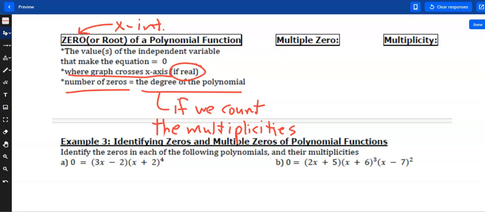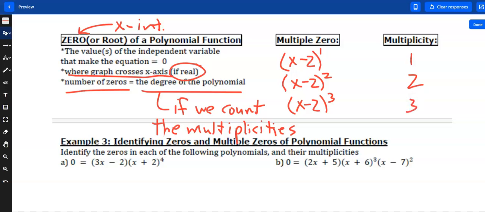So if I said to you x minus 2, then we would know that that factor occurs one time, and so we would say that it has a multiplicity of 1. But if we see x minus 2 occurring 2 times, we would say the multiplicity is 2. Or if we saw the x minus 2 3 times, we would say the multiplicity is 3.